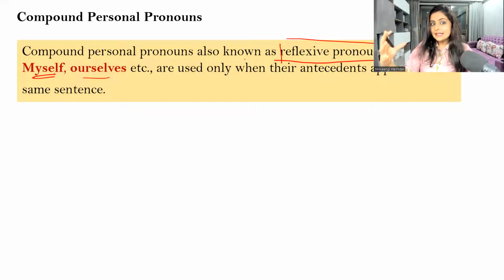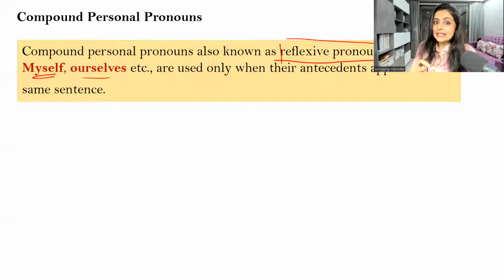So the moment I say reflexive pronoun, it means we need to have something as a base that needs to be reflected. So if myself is a reflexive pronoun, it has to have something that it reflects upon. For example, if I say, "I myself baked the cake." I myself. That's correct. Why?